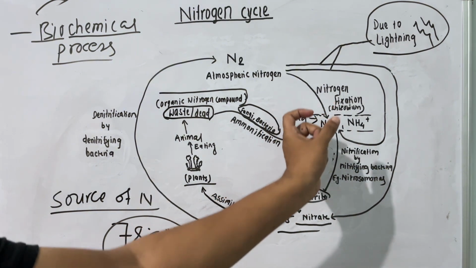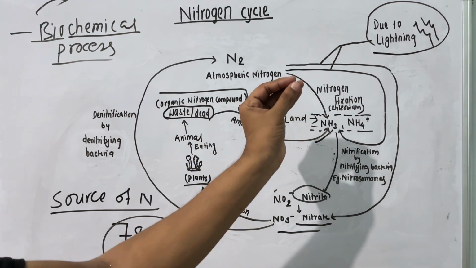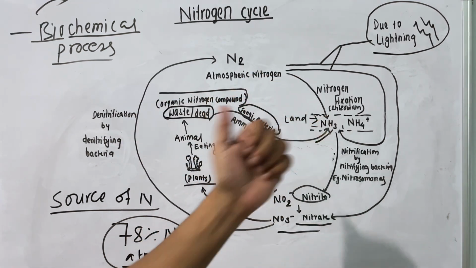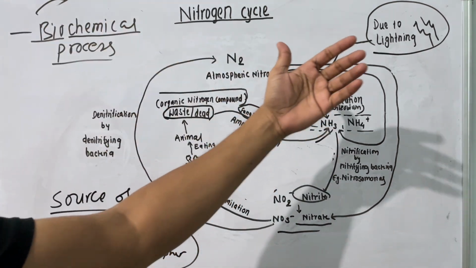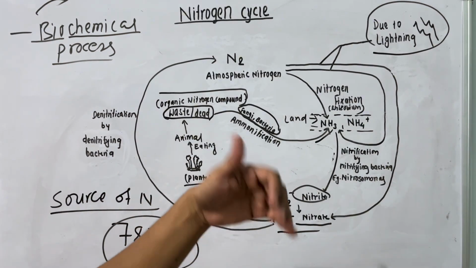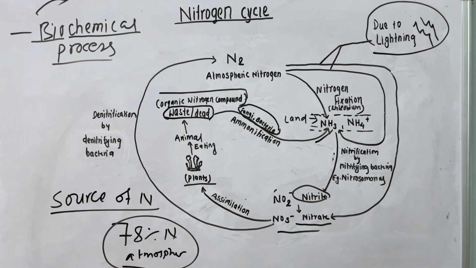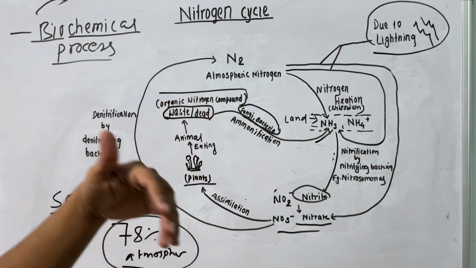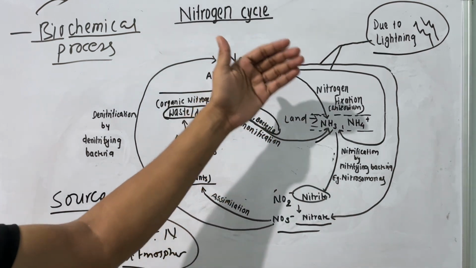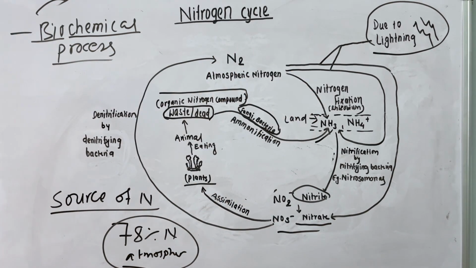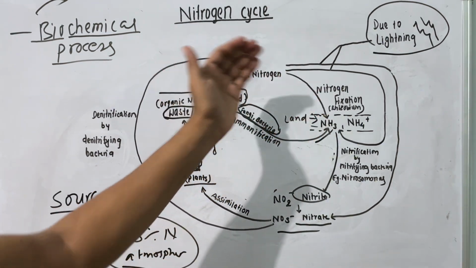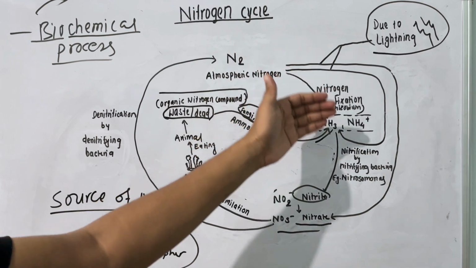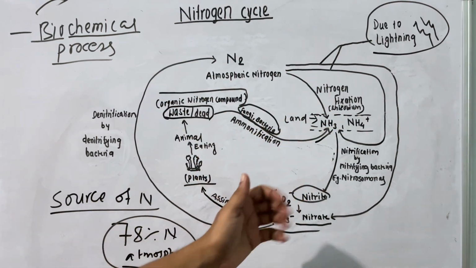This nitrogen fixing bacteria may be symbiotic or non-symbiotic. Symbiotic bacteria are those which develop a close or mutual relationship with the plant, and in this context the nitrogen fixing bacteria provide a stable form of nitrogen from the atmosphere to the soil that will be available for the plant.